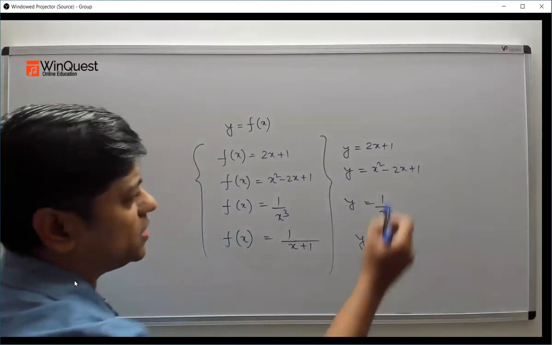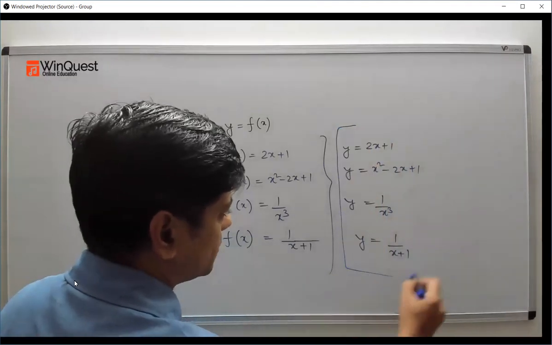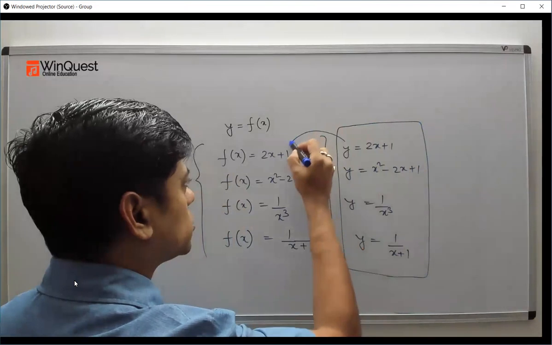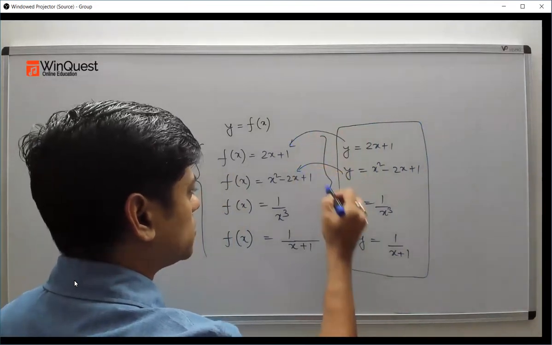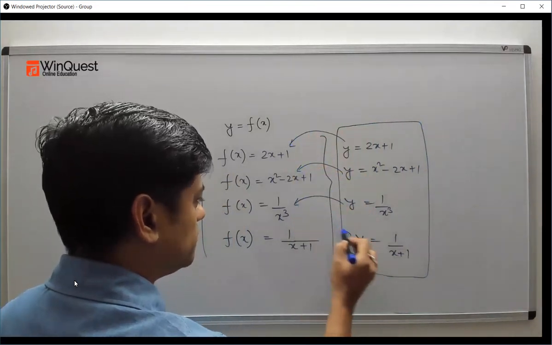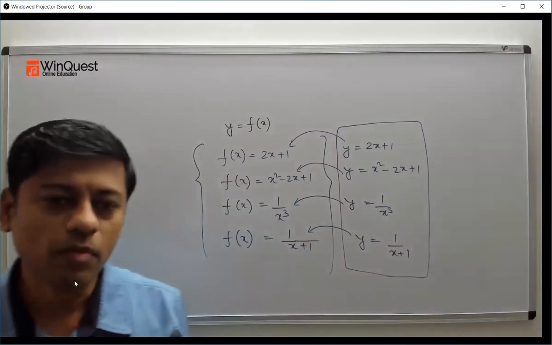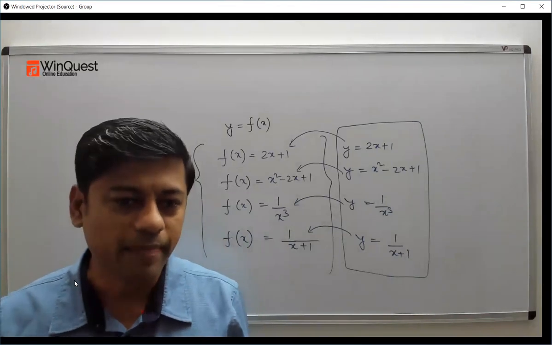Now, can each of these expressions that you are seeing here be written in their corresponding function form or not? That is the first question we need to answer. I repeat my question.